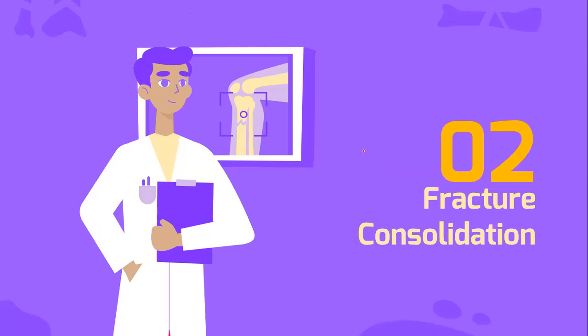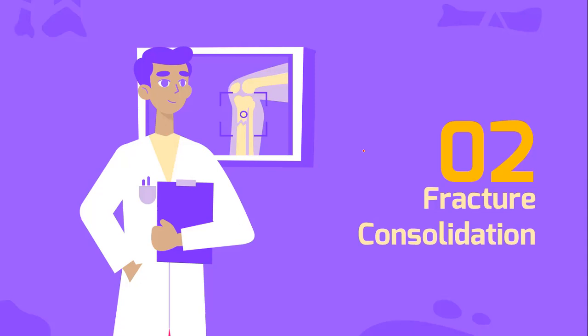So the bone is a tissue with a high repairing potential. After a period of 4 to 8 months, the fractured bone can be reconstituted without leaving any kind of scar, okay?